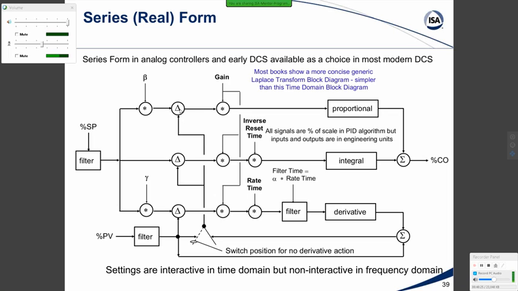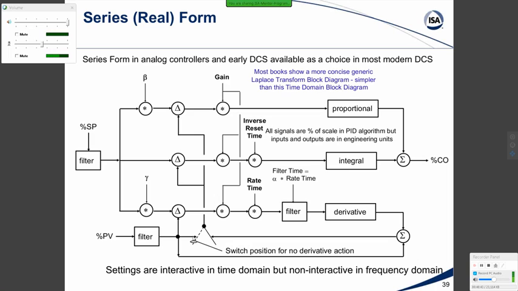And I've added in the set point weights, beta and gamma, that show how they get into the algorithm, and how you take that delta and subtraction going on between the set point and the PV to get an error, and how if beta is 0, you're not really considering the set point here, you're just considering the PV.